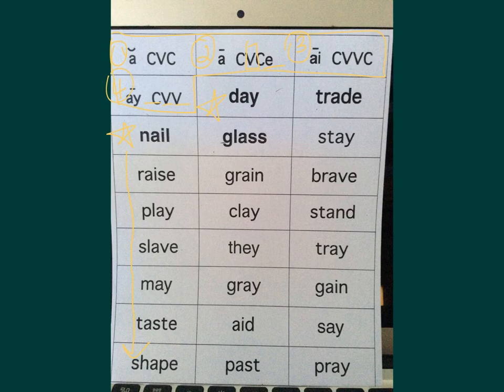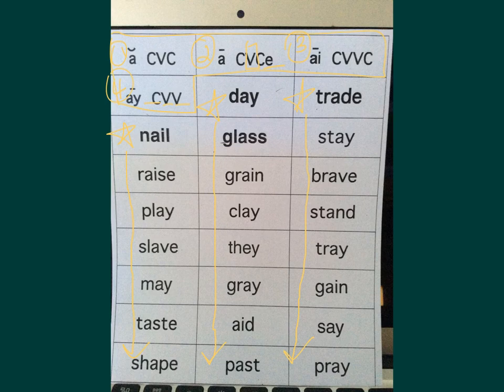Second column, day, glass, grain, clay, they, gray, aid, and past. In our third column, trade, stay, brave, stand, tray, gain, say, and pray.